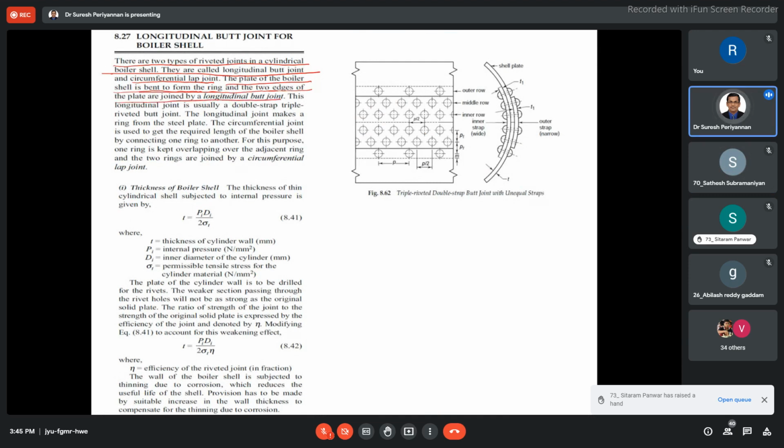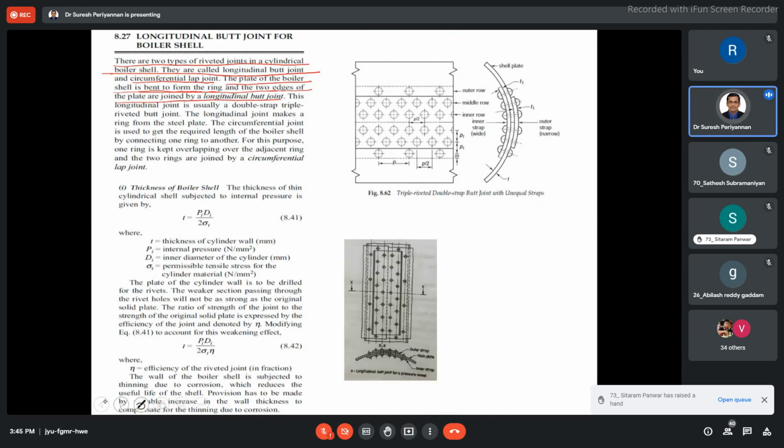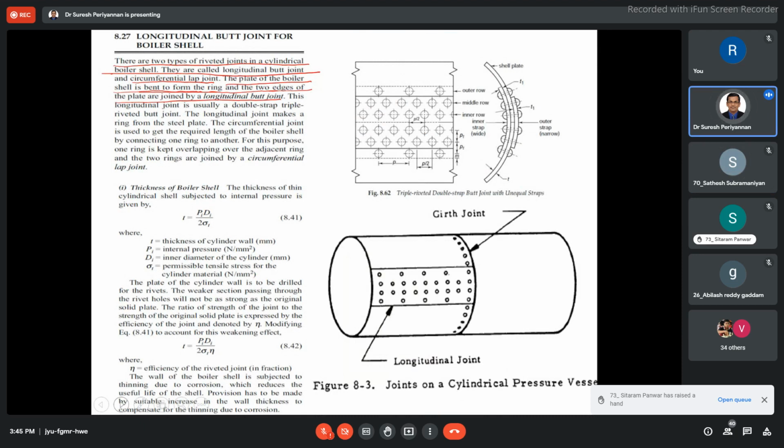See here, this one. Now I will show you an example. This is the longitudinal butt joint, exactly this. This is the inner view. If you take it along the thickness, it is going to be like this. These are two plates. This is the top plate. Here it may be the inner strip.